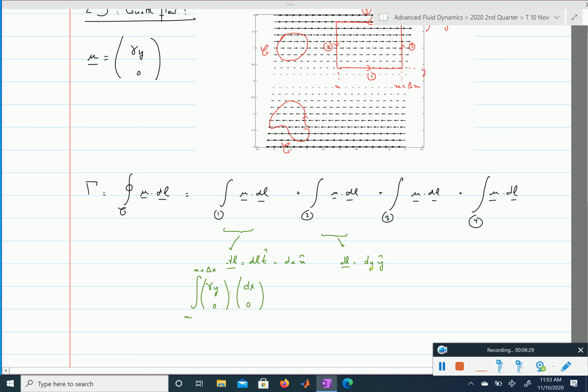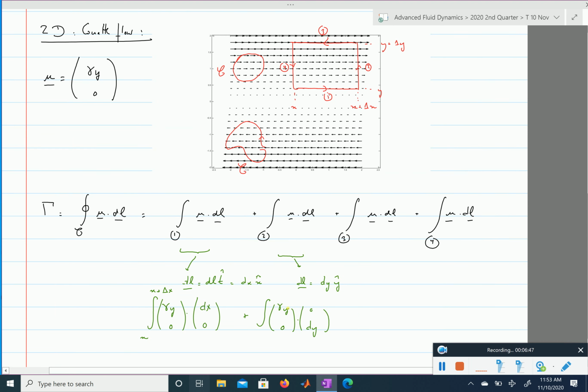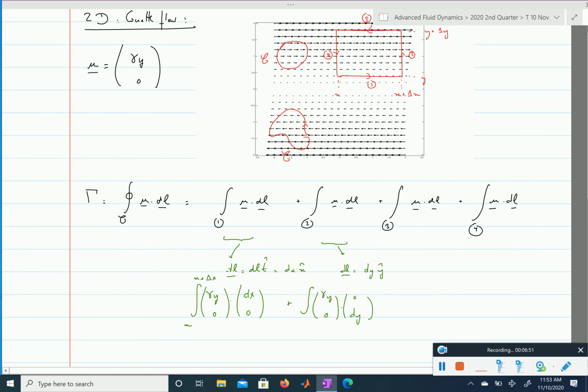So when we write this piece, we have the integral of dl, which is (0, dy), dotted with our velocity vector, (gamma y, 0), integrating from y to y plus delta y.